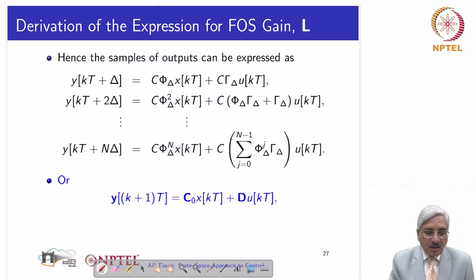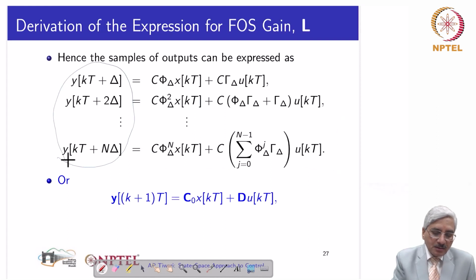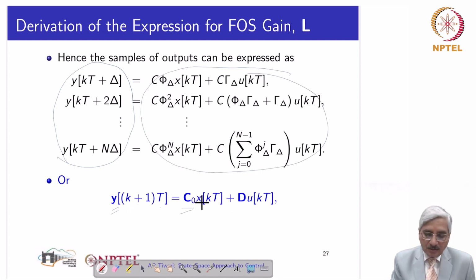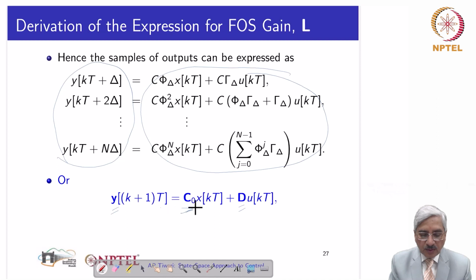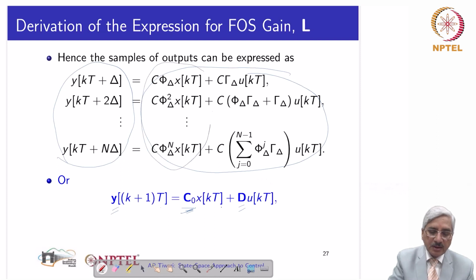And if we collect them together, this is the boldface y, which is y k plus 1 t. This is a concise form of representing this side. The values of this boldface C0 and D will be next. So this is equal to C0 x kt plus D u kt, and C0 will follow from here.